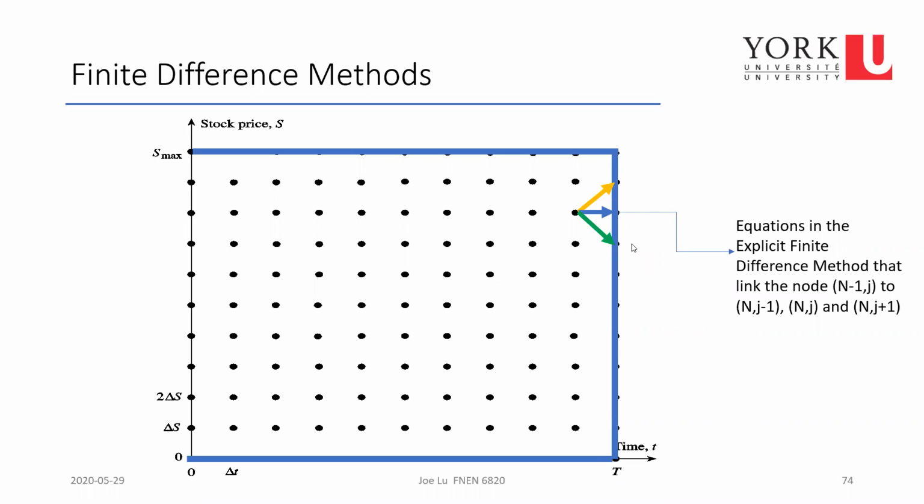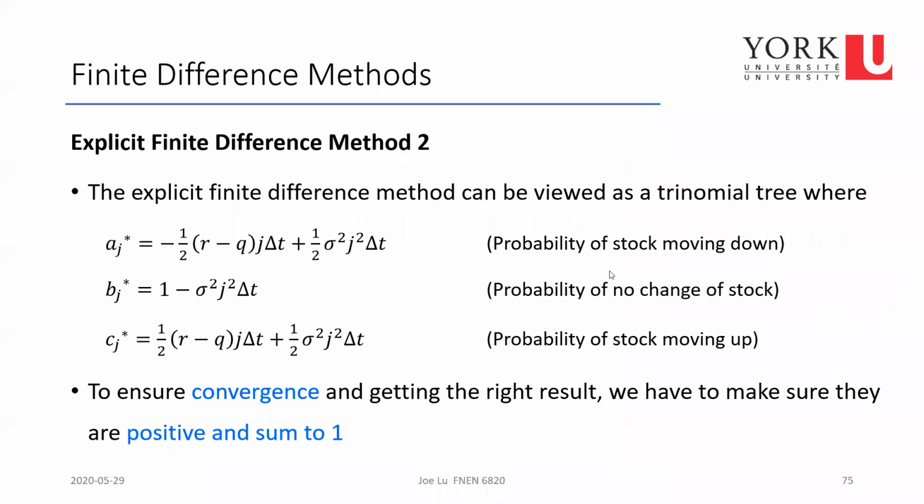If we look at this, it looks awfully similar to a trinomial tree. And indeed, if you look at those A_j star, B_j star, C_j star expressions, they are actually the probabilities of the stock moving down, unchanged, or moving up. So if they are in a way probabilities, then they must add up to 1.